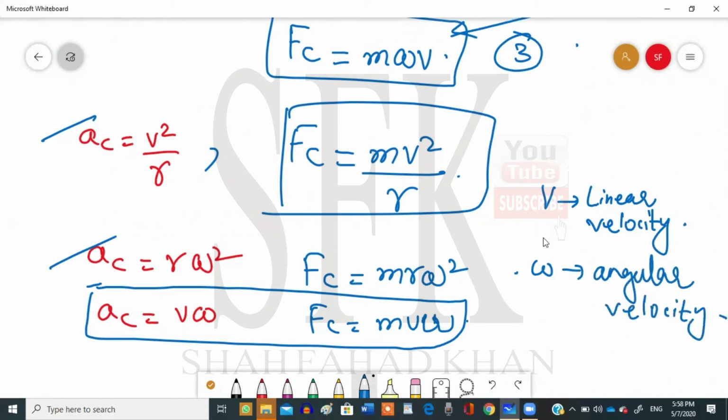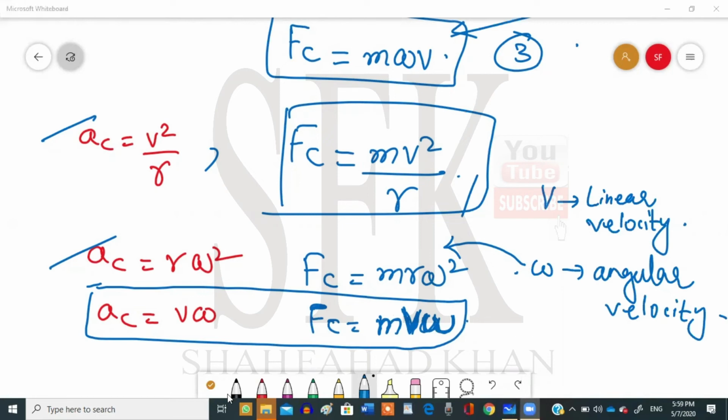And I've defined both these terms earlier in the class. The second one is also for angular velocity, and the third one is a combination of both of them. It involves linear velocity and angular velocity as well. It is the formula of mv omega. But I told you earlier that even if you don't know this formula, you can solve every question by using the first two formulas alone.